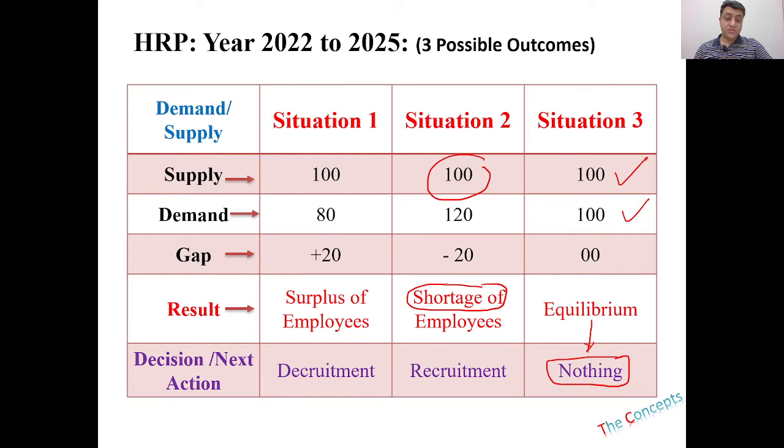So when you have the shortage of employees, you will move towards recruitment. We'll talk about what is recruitment. And if you have this situation, which is the surplus, you will go towards decruitment. Now, decruitment means getting rid of these people, somehow regaining your balance. If you need 80 people, you must have 80 people.